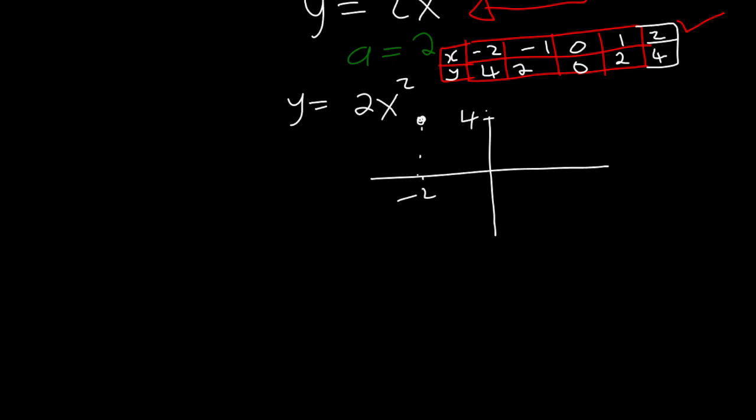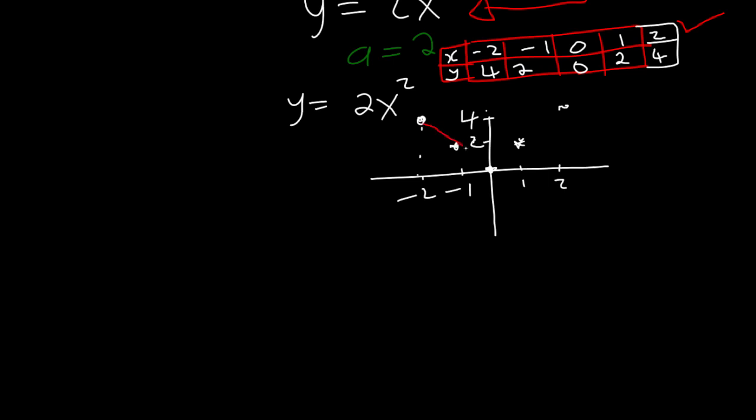Next point is -1 and 2, so if this is 2, they meet somewhere there. Then 0 0 and 1 2. X could be 1 here, and y is 2 there, and 2 somewhere here, 4 somewhere there.